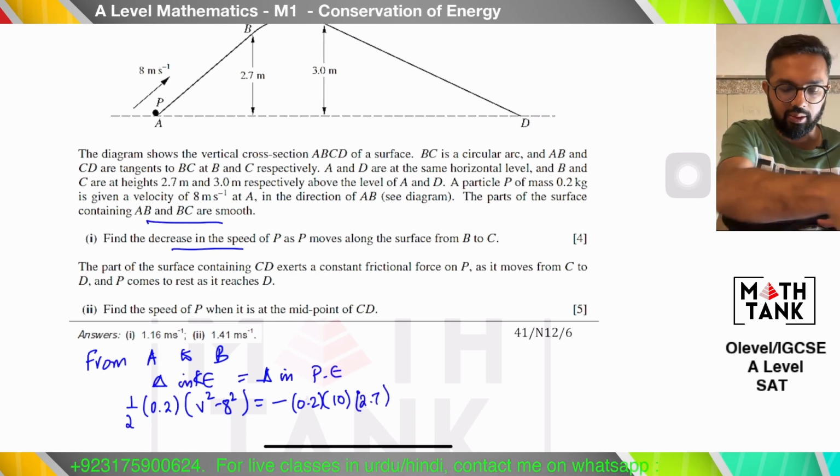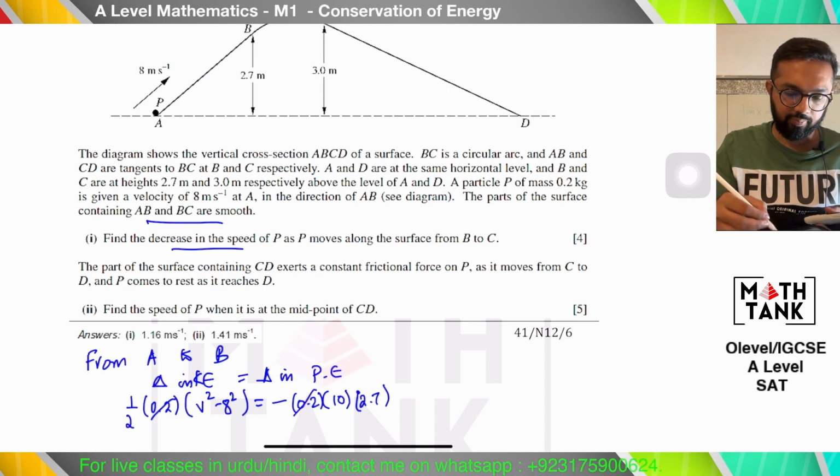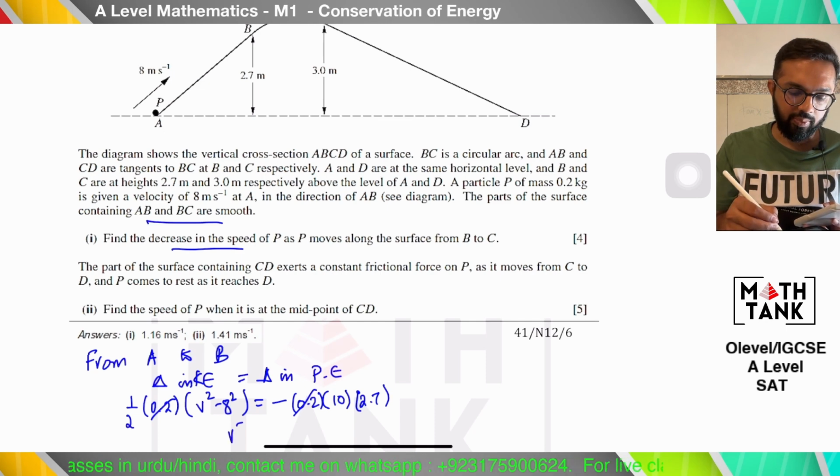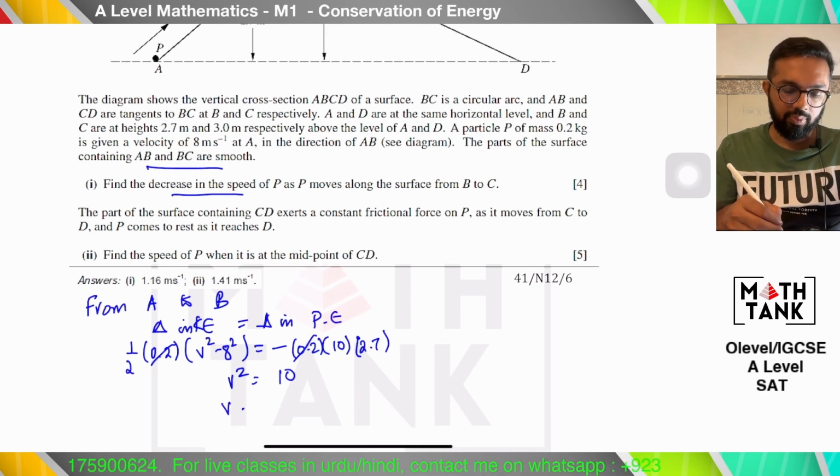Let's see what that gives me. 7 into 2, minus answer plus 64. So I'm getting v squared equals 10. Sorry, v equals root of 10.